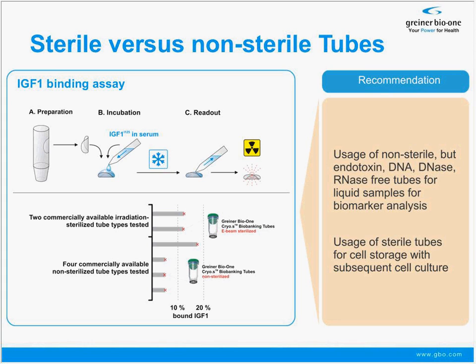A disc-shaped material sample, all at the same standardized dimensions, was pushed out of the tubes, and the material sample was then incubated with a mixture of serum and IGF-1 spiked into the serum overnight at minus 80 degrees Celsius. The IGF-1 spiked into the serum used for this incubation step was radioactively labeled, so that later it could be identified if it had bound onto the surface of the material sample.